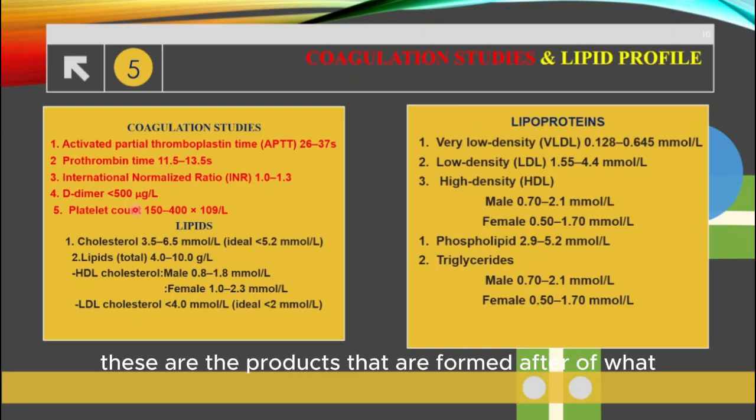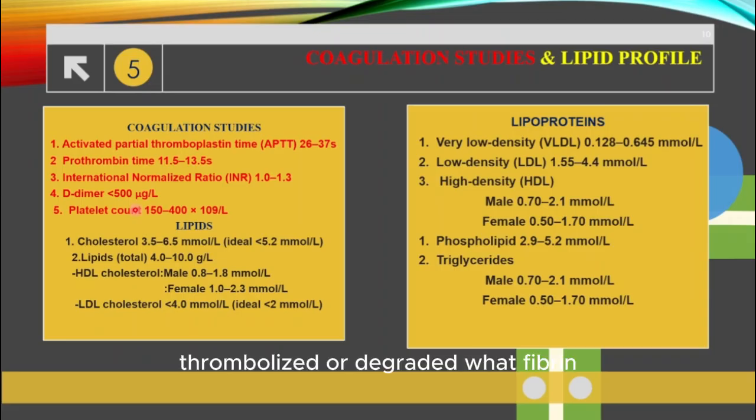These are the products that are formed after the body thrombolyzes or degrades fibrin. Some of the proteins that are formed are many, but the most important one that you have to remember is what is called D-dimer. So a D-dimer is just a fibrin degradation product. That's what you need to remember about D-dimers.